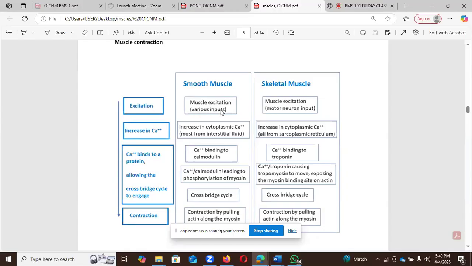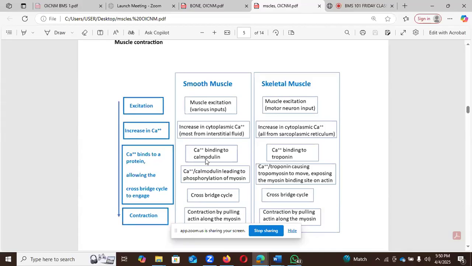Maybe you see food or the food is placed in your mouth, it will induce excitation, which will bring about an intracellular increase in calcium level. So calcium will flow into the cell.